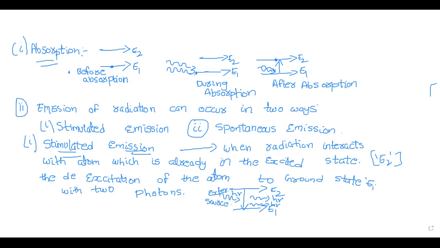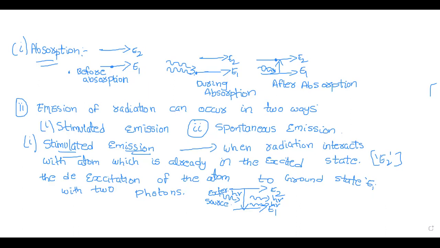Now the atom will not stay for a long time in the excited state. It will try to come back to its original state, the ground state, and it will emit radiation. As given by Einstein, the emission of radiation can occur in two ways: either stimulated emission or spontaneous emission.